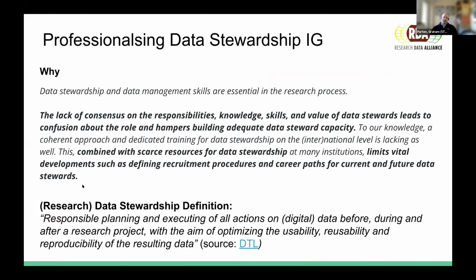We all recognize that data stewardship and data management skills are essential in the research process, but the lack of consensus on the responsibilities, knowledge, skills, and value of data stewardship can lead to confusion about our roles, and it can therefore hamper building adequate data steward capacity. That, combined with scarce resources for data stewardship, can often be a limiting factor on developing data stewardship and ensuring that career paths are available as well.